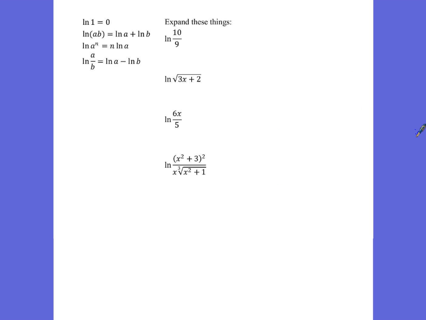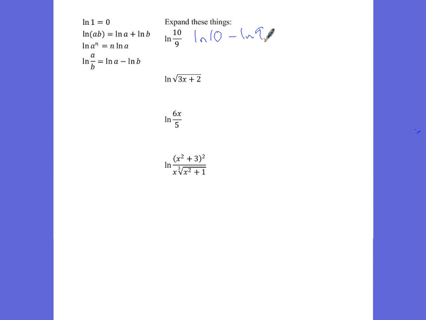All right, this is some practice problems. I have all of the little rules off to the left, and we just want to expand these. This is practice from problems that you probably did back in pre-calculus. The natural log of 10 over 9 would become what? Natural log of 10 minus natural log of 9.